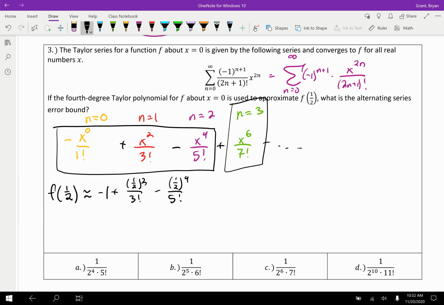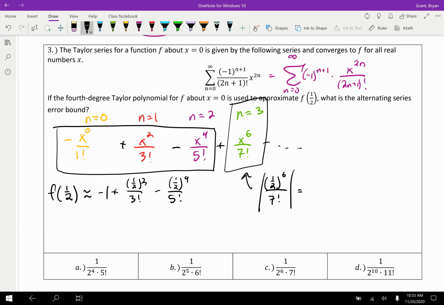Okay, and you get some sort of answer. The alternating series error bound says this is not necessarily the exact answer for f of 1/2, but the most you can be off by is just the next term evaluated at that same x value, in absolute value.